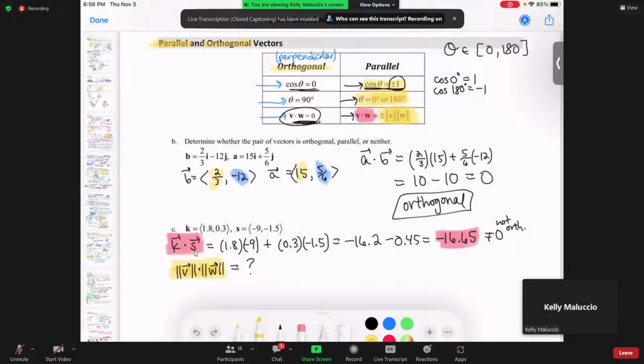If they're not equal, then it would be neither.